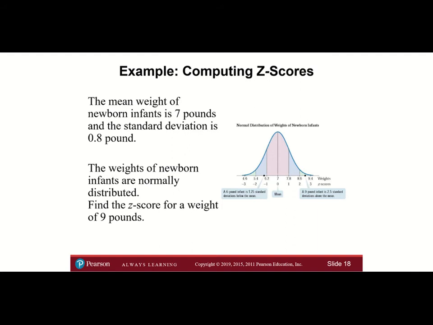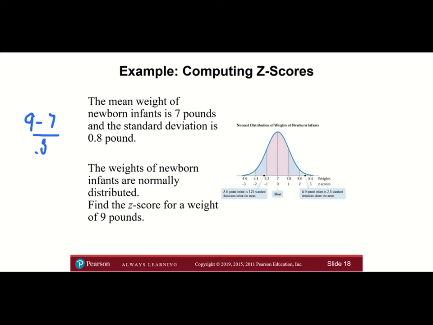So to do this, we are going to take our data value of 9, subtract the mean of 7, and then divide it by our standard deviation of 0.8.